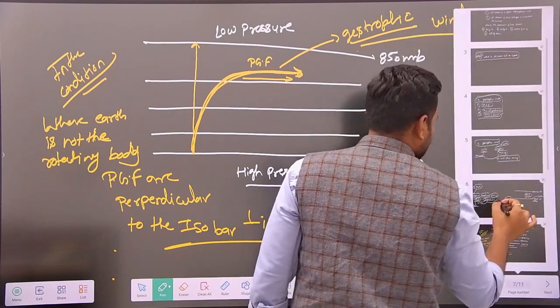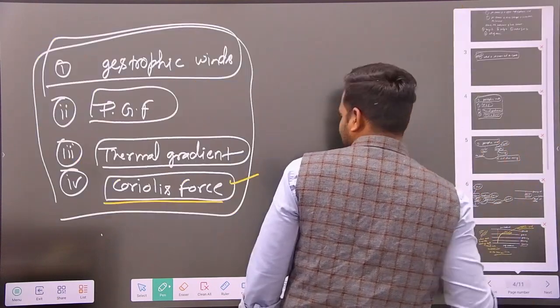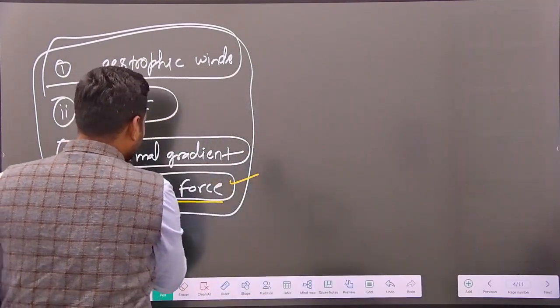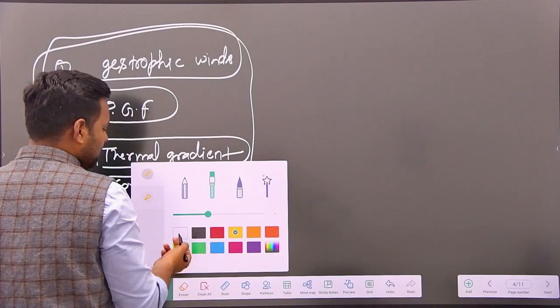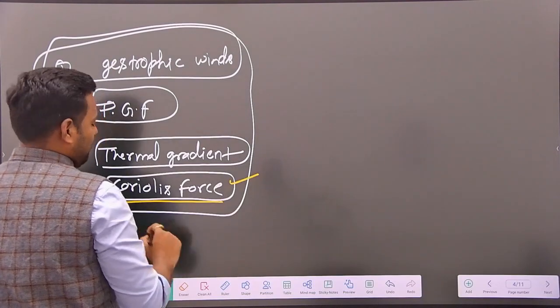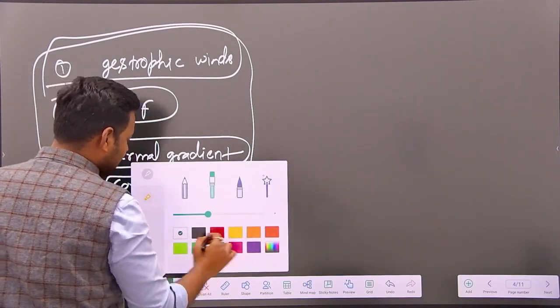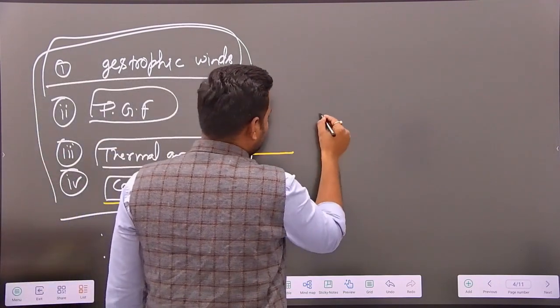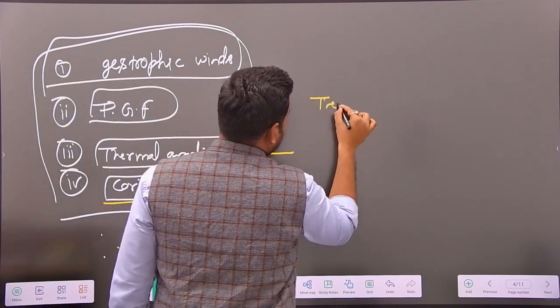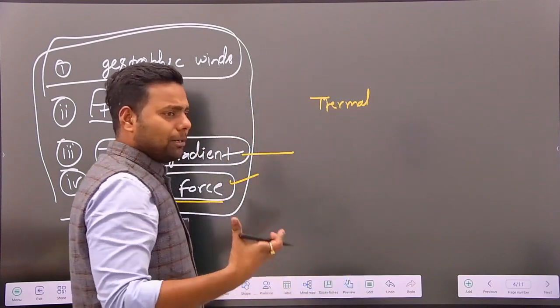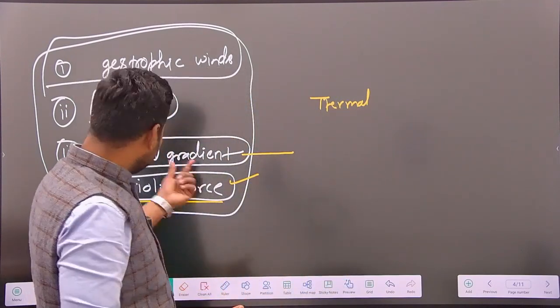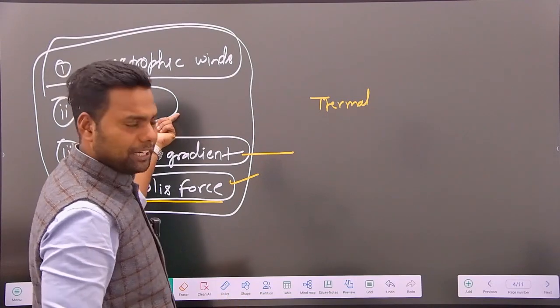And we go back to our synopsis. What is thermal gradient, which is also a major factor in the genesis of jet stream? Basically, due to the thermal gradient, there is a development of pressure gradient force.